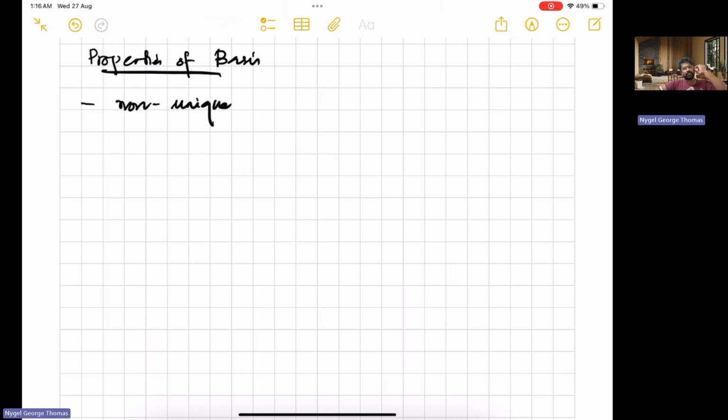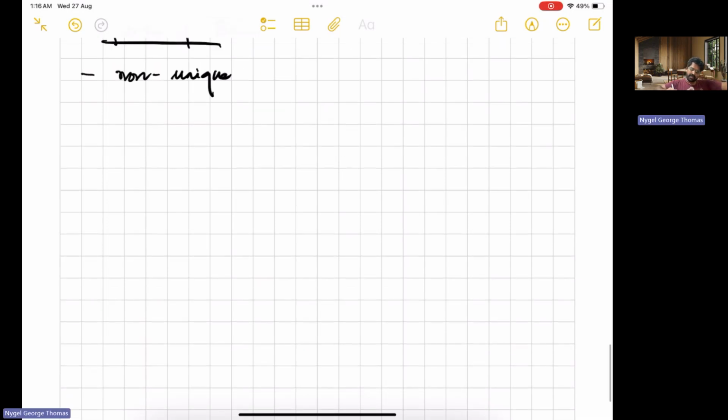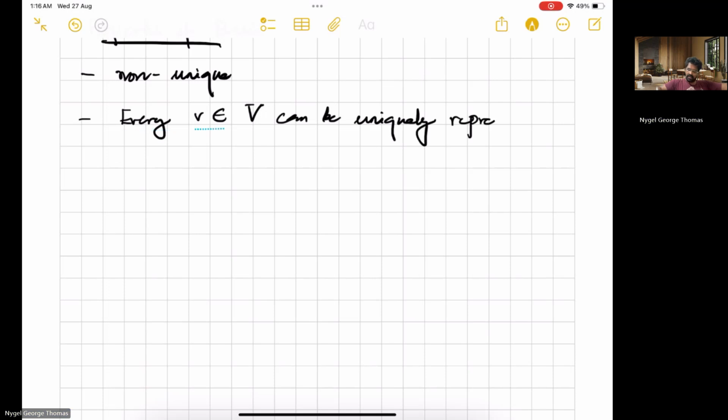So there could be multiple bases for the same vector space. So it's not unique. But if you fix a basis, every v belonging to a vector space can be uniquely represented as a linear combination of the basis vectors.